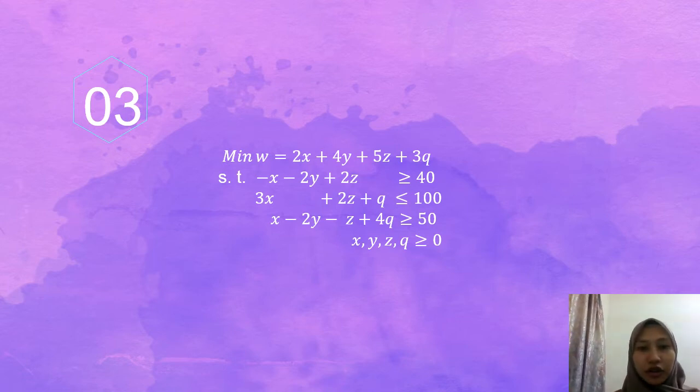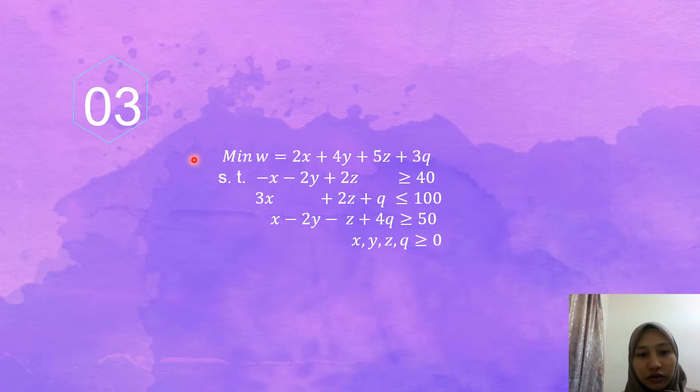In this question, we want to solve the minimum linear programming problem. So the objective function is minimum W equals 2x plus 4y plus 5z plus 3q, such that our first constraint is negative x minus 2y plus 2z greater than or equal to 40.